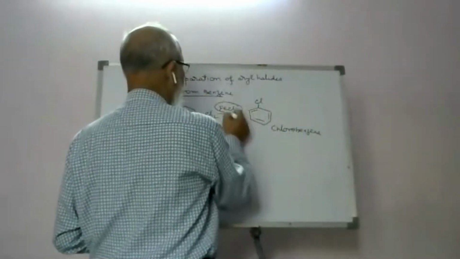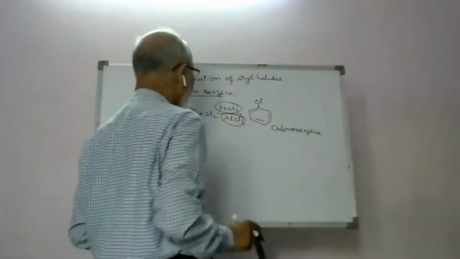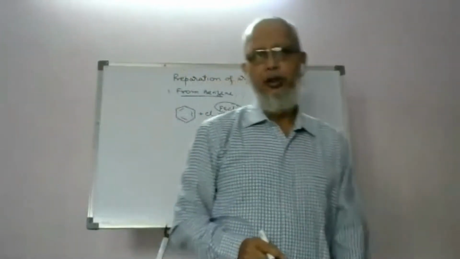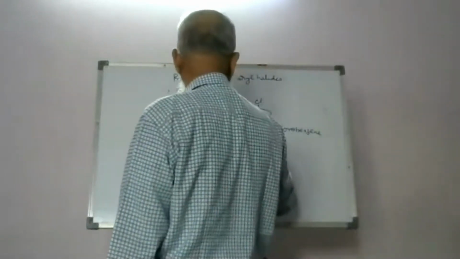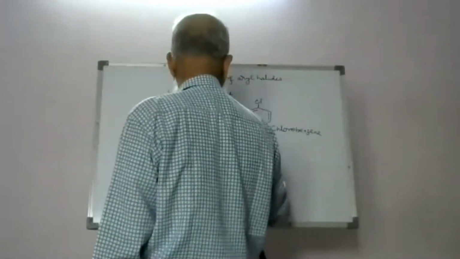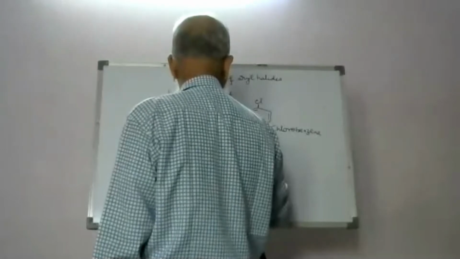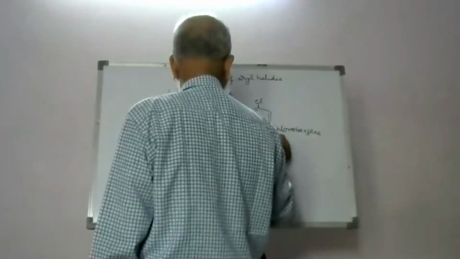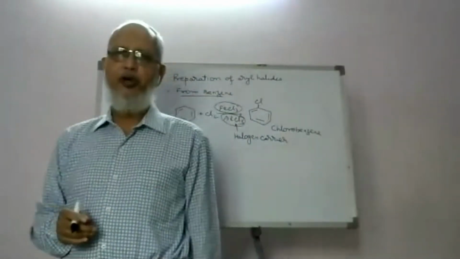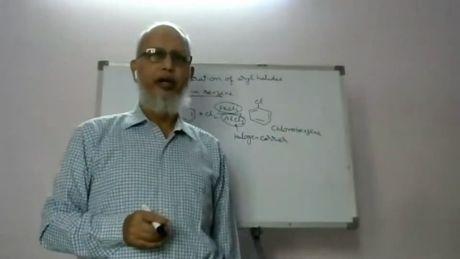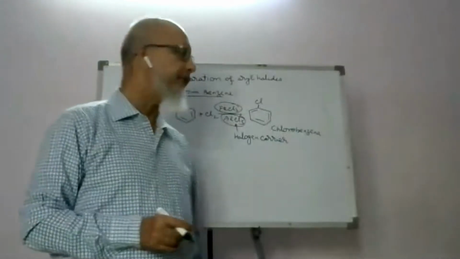These compounds which are being used with halogen, these are known as halogen carriers. So when benzene reacts with halogen in presence of halogen carrier, the corresponding halobenzene or haloarene or the aryl halide is obtained.